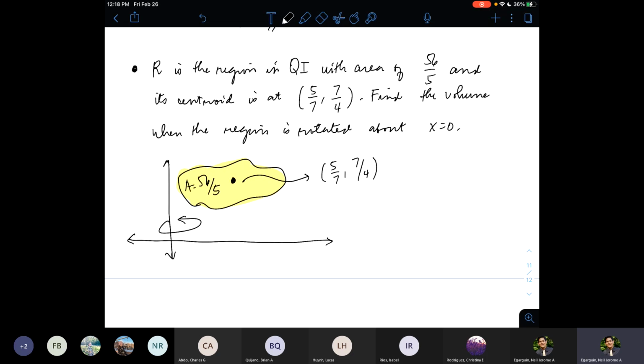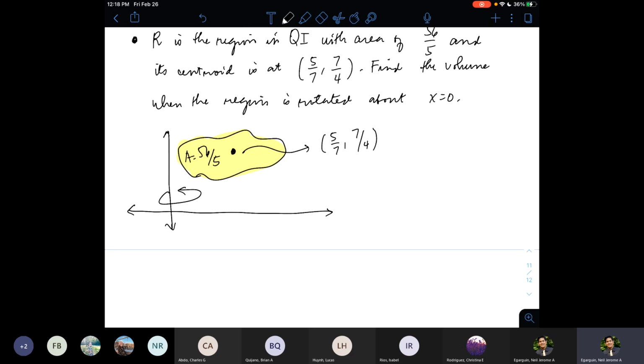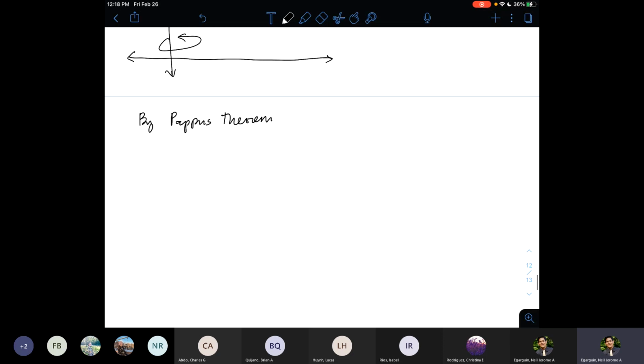For problems like this, if you know the area of the region and you know the centroid, the most convenient way of solving the problem is Pappus's theorem. Right? So by Pappus's theorem, we recall that the volume of a solid would be the area of the region times the distance traveled by the centroid.